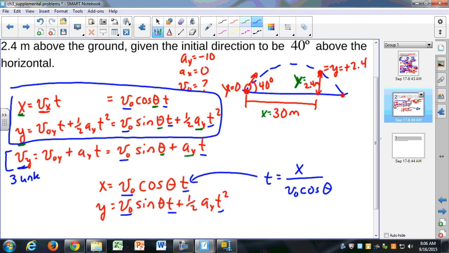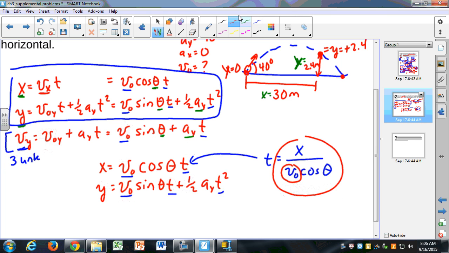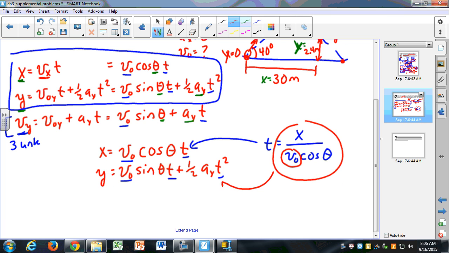I solve it for T because I want to leave whatever I'm looking for in that equation. I know that I'm looking for V naught, so I want to make sure that I don't solve it for V naught. Instead, I solve it for the other variable that I don't know. And then you're going to take this and plug it into here and here.